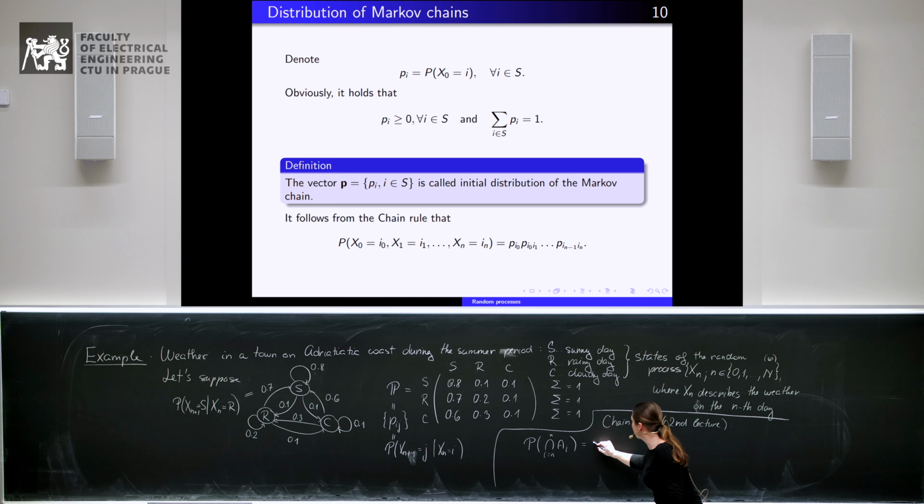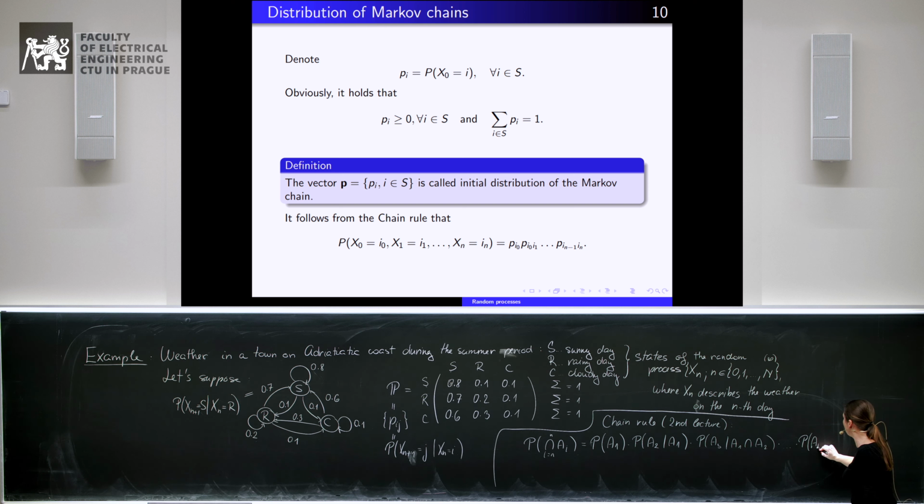And it says that it is the probability of the first event times the probability of the second event conditionally on the first event times the probability of the third event conditionally on the intersection of all previous events and so on times the probability of the last event conditionally on the intersection of all previous events.